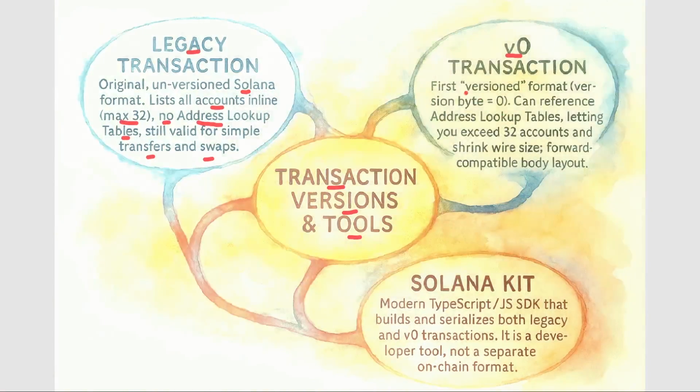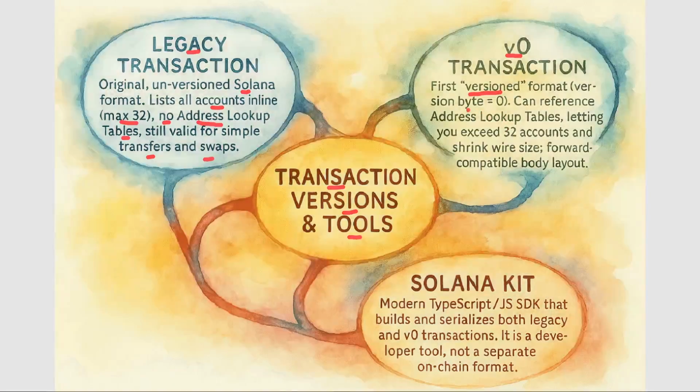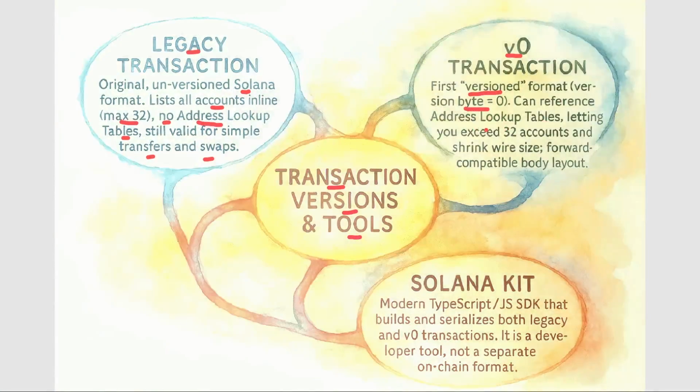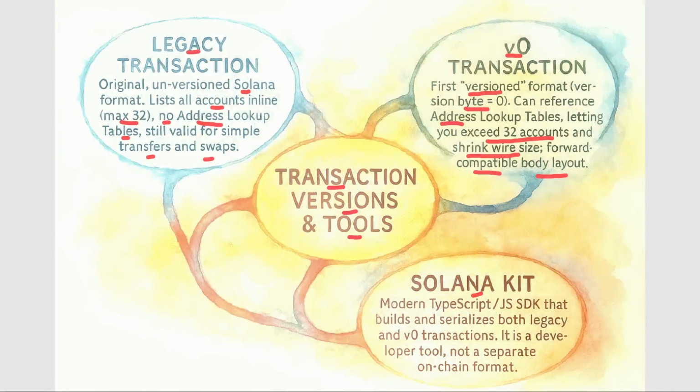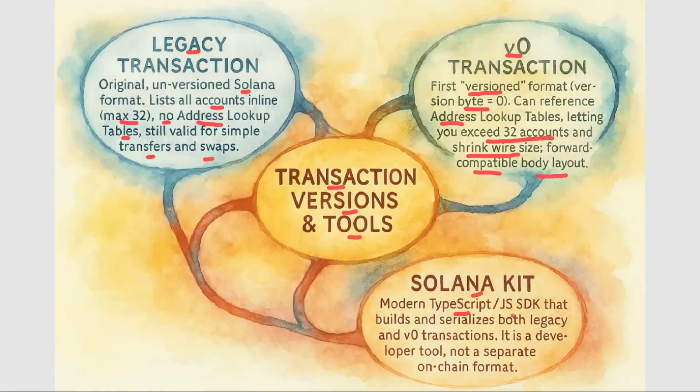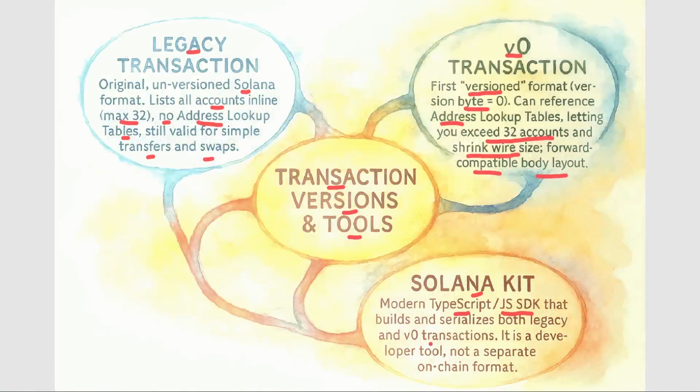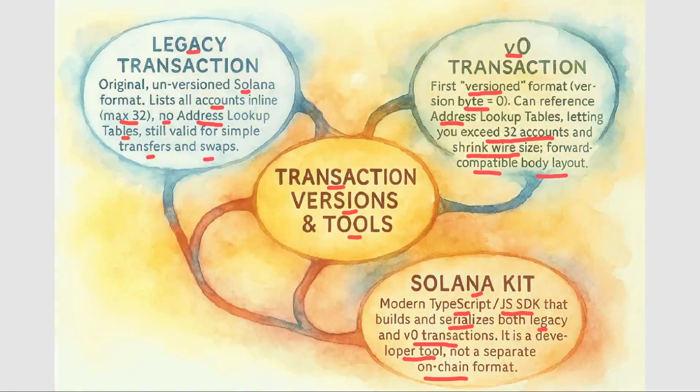Version 0 is the first versioned format with byte equals 0, can reference address lookup tables, letting you exceed 32 accounts and shrink wire size, forward compatible with body layout. And the Solana Kit is an NPM TypeScript package, a JavaScript SDK, that builds and serializes both legacy and V0 transactions. It's a developer tool, not a separate on-chain format, okay?